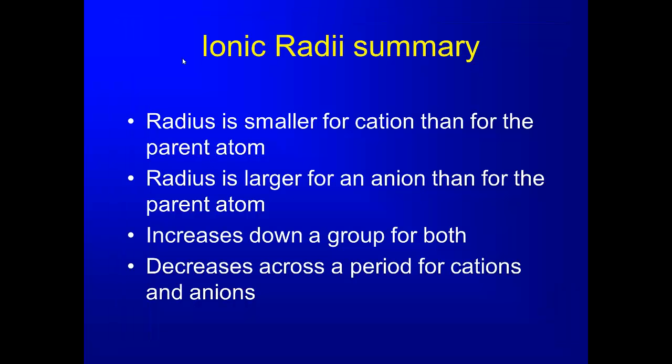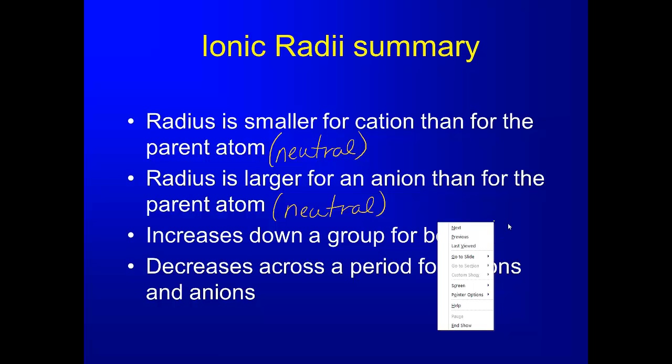So, a quick summary. The radius is smaller for a cation than it is for the parent. And when we're talking parent, I'm talking about the neutral. For an anion, it's the opposite. They get bigger when they're an anion than the parent, again, neutral. But then the general trend is again the same as the atomic, the neutral atom.